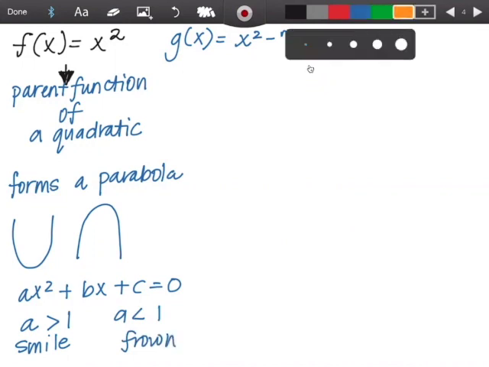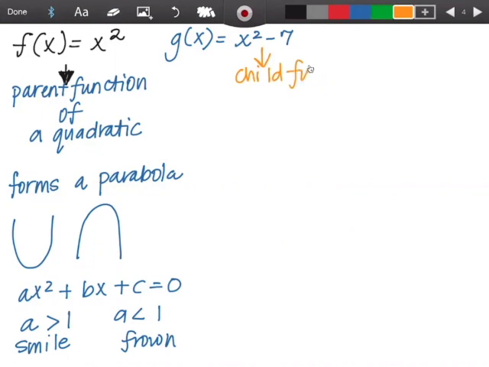Now, when we have the parent function of a quadratic, this right here is the child function of a quadratic. And it would also be a smiling or frowning parabola. But if you look here, this is what changed from the parent function to the child function.